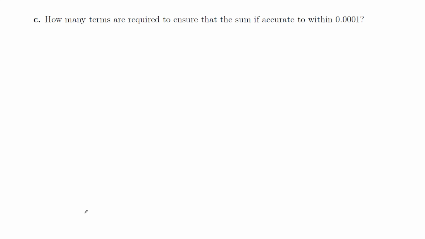Okay, so in other words, we want to know what is n so that the remainder is smaller than or equal to 0.0001. Well, if we're going to look at that, then we know that the remainder, right, is going to be less than or equal to the integral from n to infinity of 1 over x to the 3 halves dx.